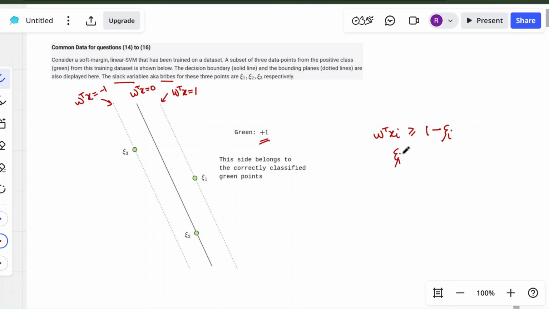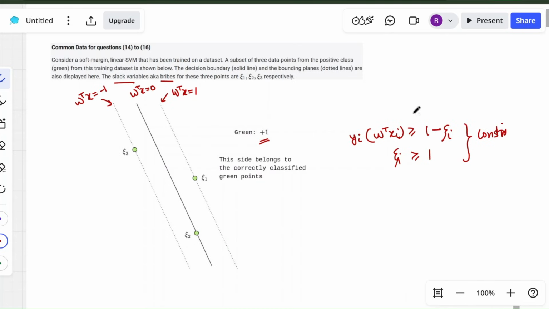And we also want zeta i to be bigger than or equal to 1. These are the constraints.